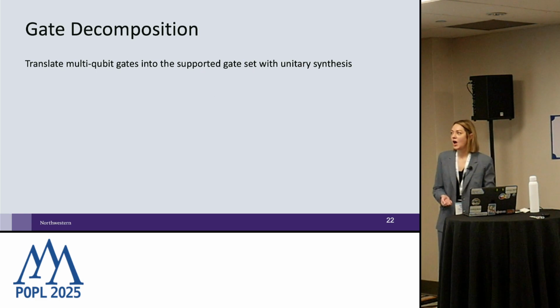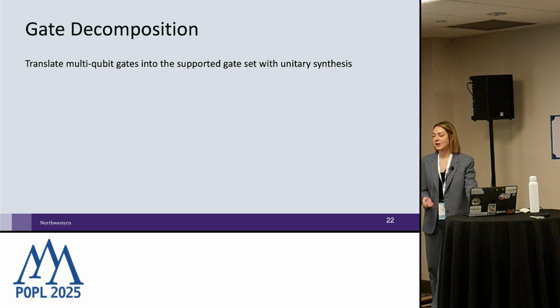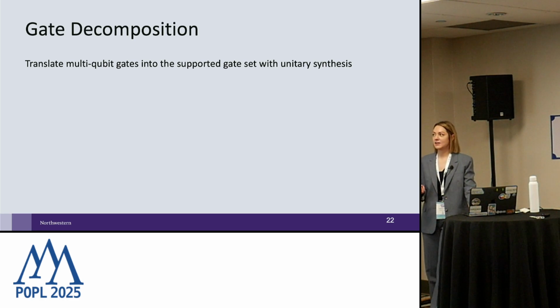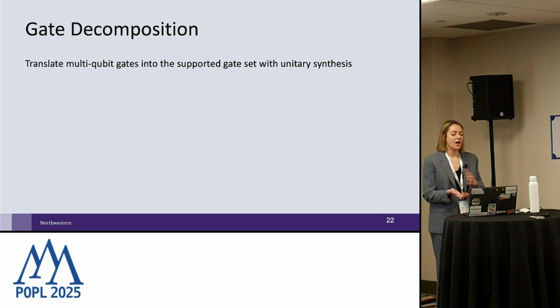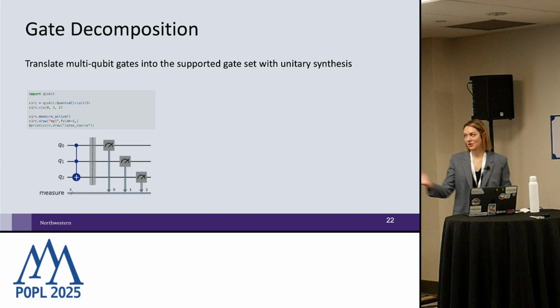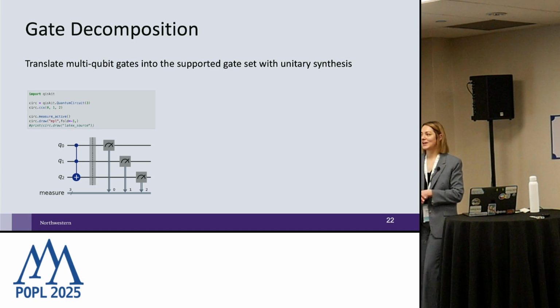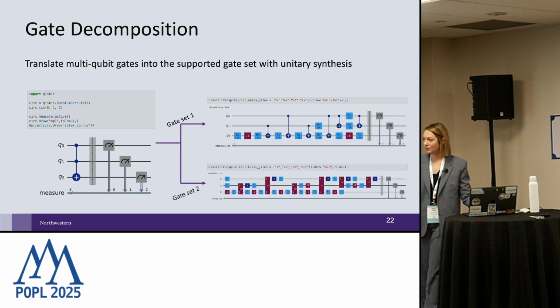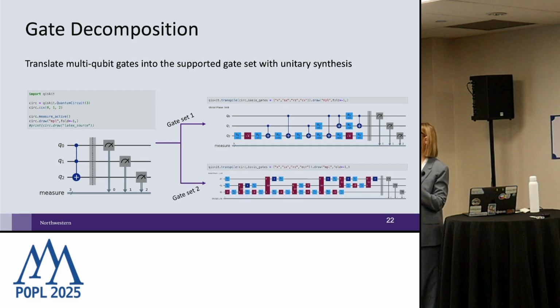So first, whenever we're taking any sort of specification and mapping it into machine code, we need to translate these very complex unitaries into a set of gates that is supported by the end architecture. So we aren't really looking at something too complicated, just a full adder here. But depending on what gate set we choose, we might have a very different representation for this logical circuit.